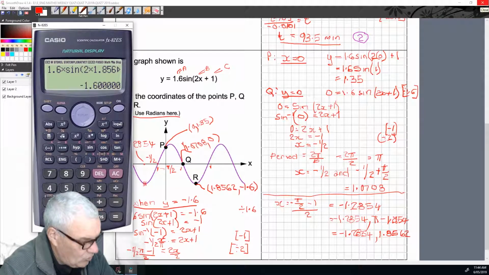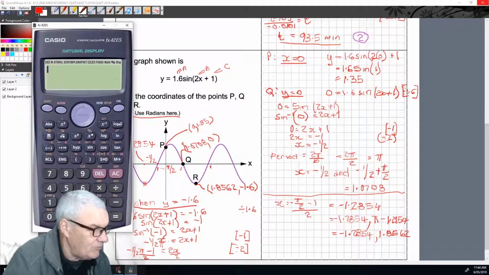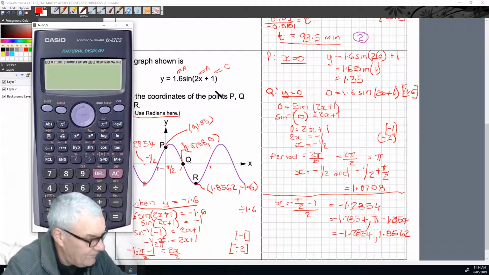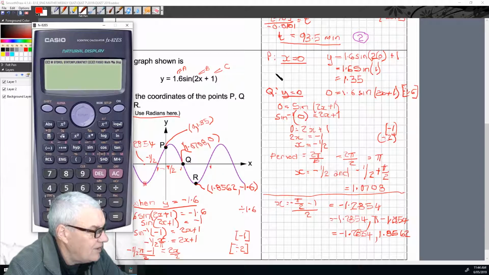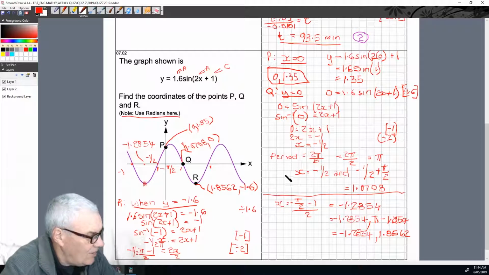So how should we possibly be recording these? I've shown them on the graph. That's probably a little bit untidy. So perhaps you could put the answer here for this one, 0 brackets 1.35, to indicate that's the answer.